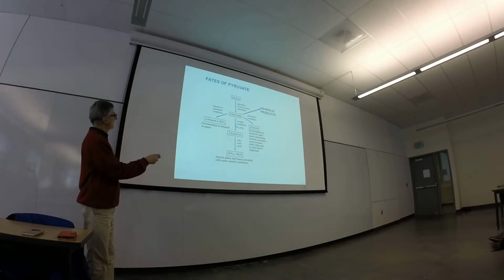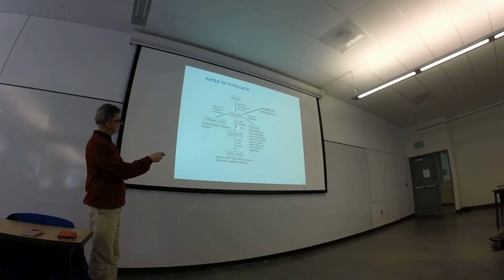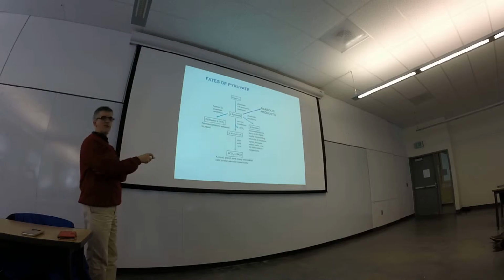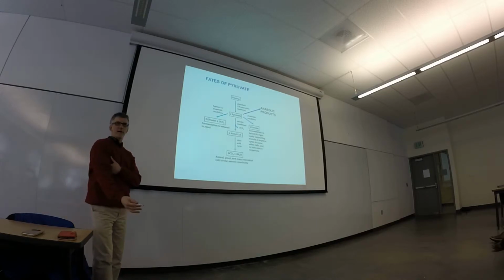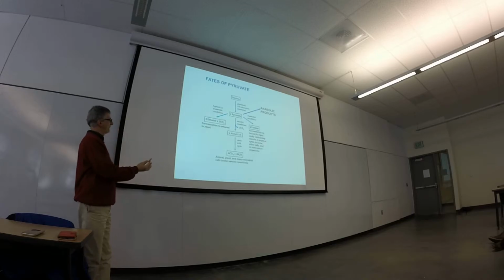So pyruvate could also go straight ahead, aerobic, and release CO2. This was 3 carbons; it's releasing 1 carbon. Now there's a 2-carbon compound with the CoA cofactor we talked about before, which is a thioester. Remember, the thioester is another high energy bond. This shoots into the TCA cycle, citric acid cycle, or Krebs cycle.